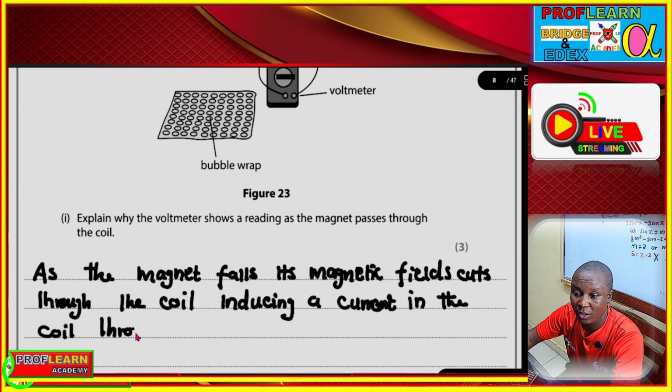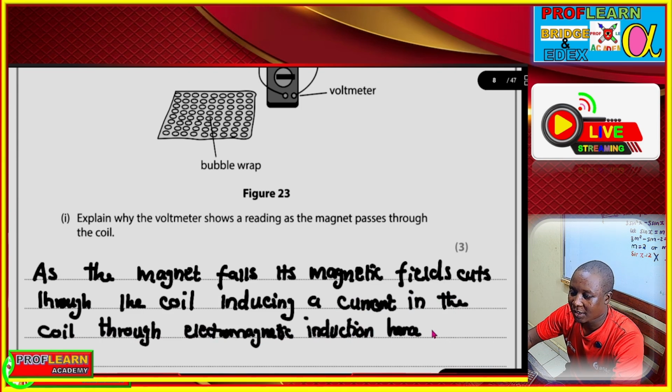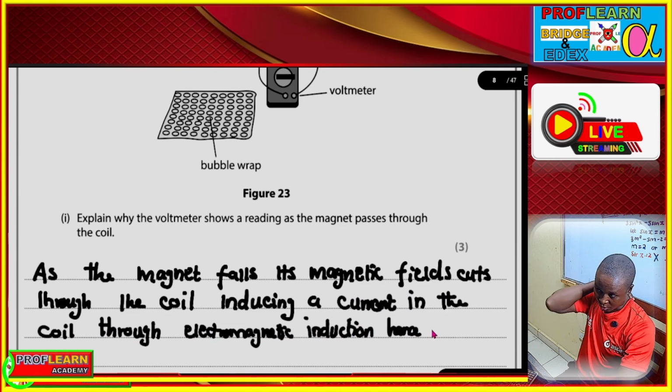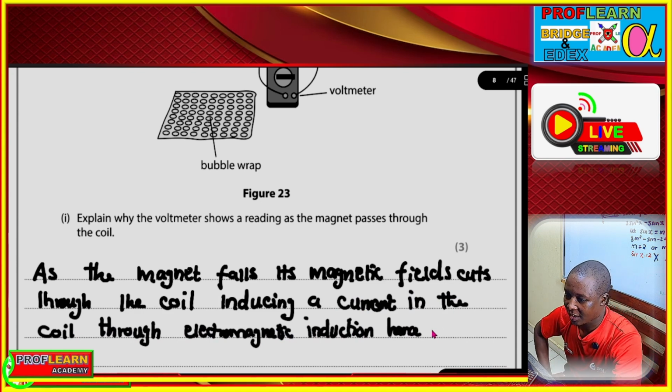The meter is going to detect the amount of current that flows through. This EMF is induced through electromagnetic induction.